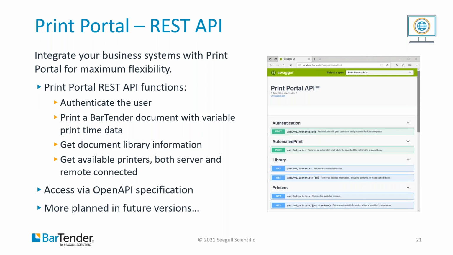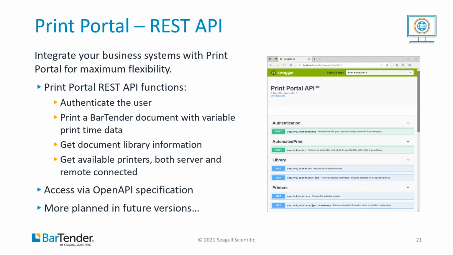You can of course use anonymous as well if you prefer. The main critical feature, of course, is to print a document, setting variable data at time of print. To get document library information, so you wish to know what is available to print, and also getting printers, so you want to know where you can print to.